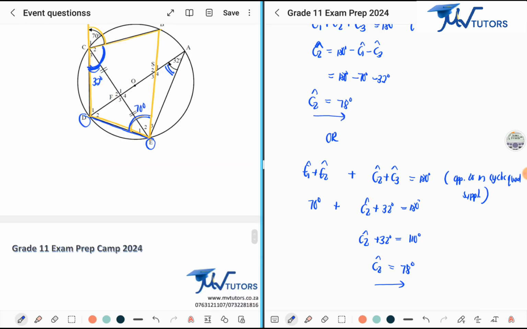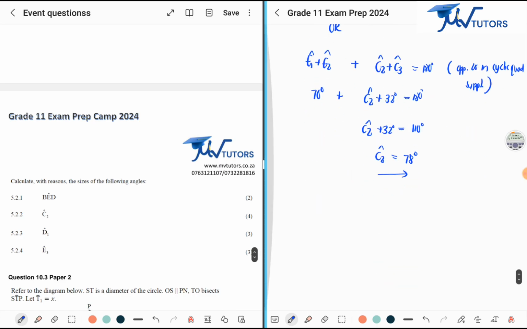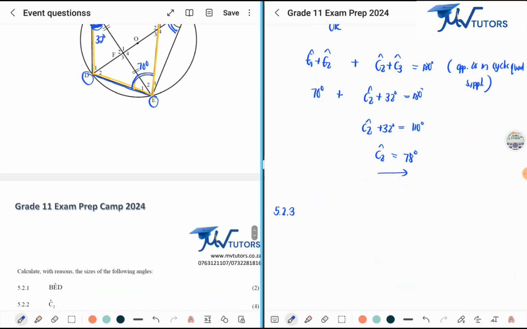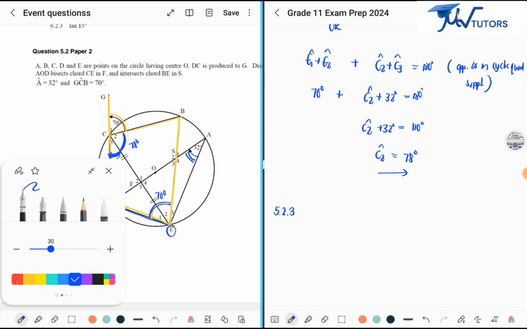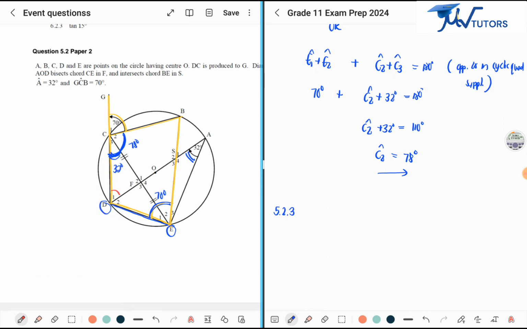All right, now D1, which is 5.2.3. Where is D1? Like I said, if you find something, just write it down. So C2, we have it. It's 78 degrees. Now we're looking for D1. Use a different colored pen, let's go with red. Here is D1.